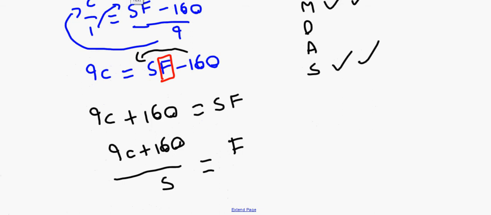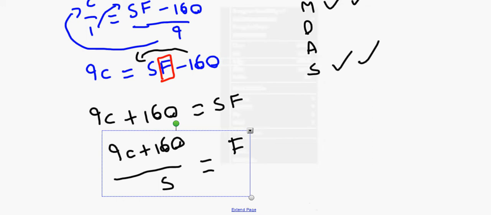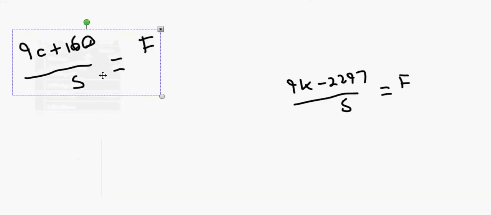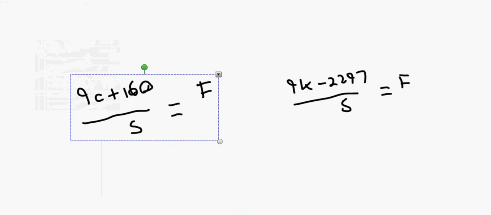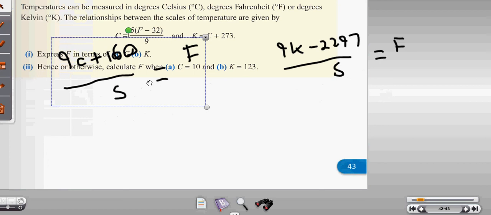So we're going to highlight this part, copy it, and bring it over and paste it over here. So that's our two formulas, our answers for A and B. Once we have the answers for A and B, we can go back down here now.